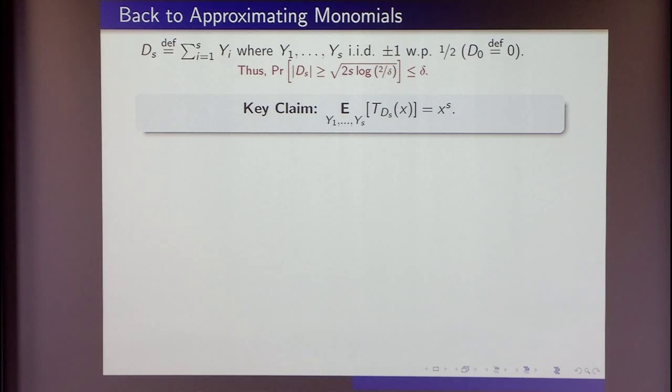Now I haven't defined Chebyshev polynomials for negative integers, but you could just define them to be that for the positive integers. So T of minus d you could just define to be T of d. If you do that and you look at the expected polynomial, then you recover exactly the monomial, x to the S.